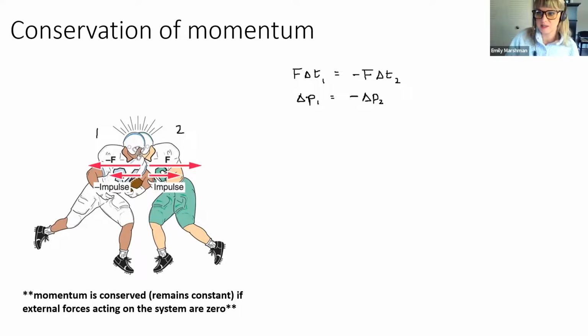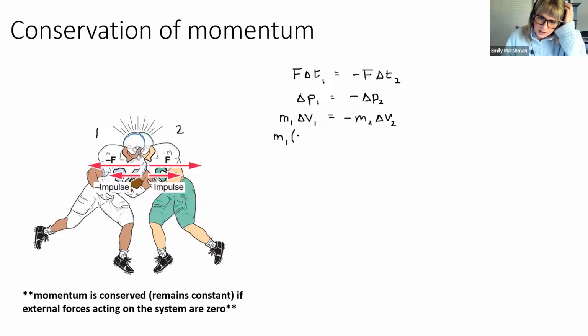I'm going to expand momentum out a little bit further on both sides. So delta P, the change in momentum for player 1, is the mass of player 1 multiplied by the change in velocity for player 1. We'll do the same thing on the other side. And I'm going to expand out the change in velocity.